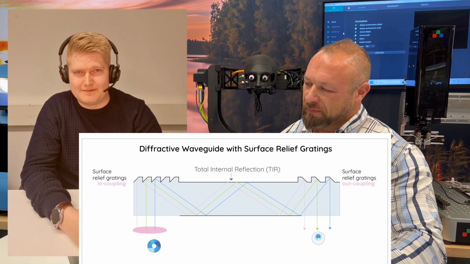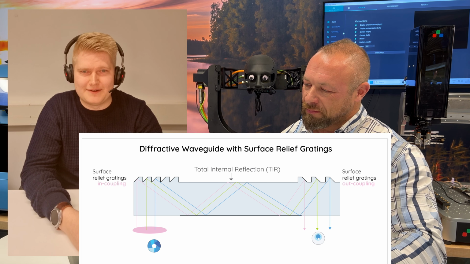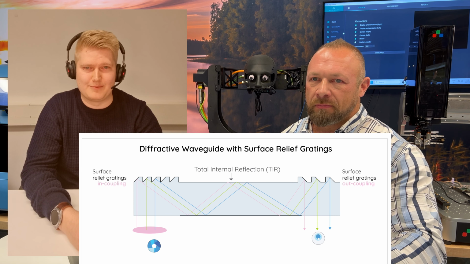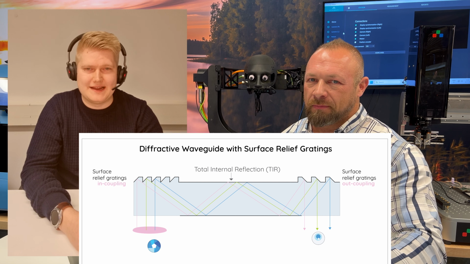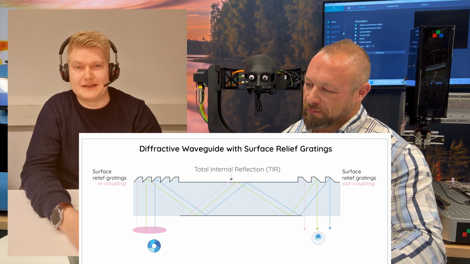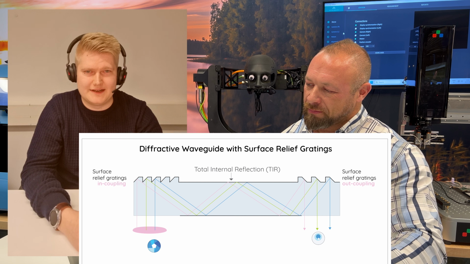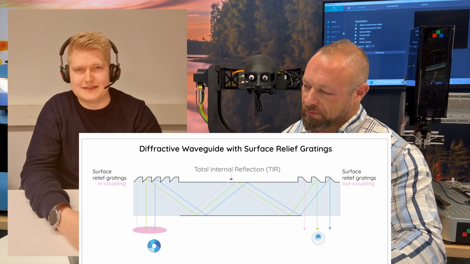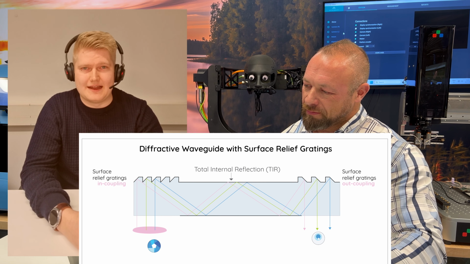For example, in a simple waveguide, you have one optical element that incouples the light from the projector, then the light propagates within the waveguide, and then you have a second optical element that outcouples the light to the user's eye. So that means that you can have this kind of a flat display, and you can propagate the light from a different place into the user's eye, so the user doesn't see the projector at all in this case, and can have the transparent display, as you said.